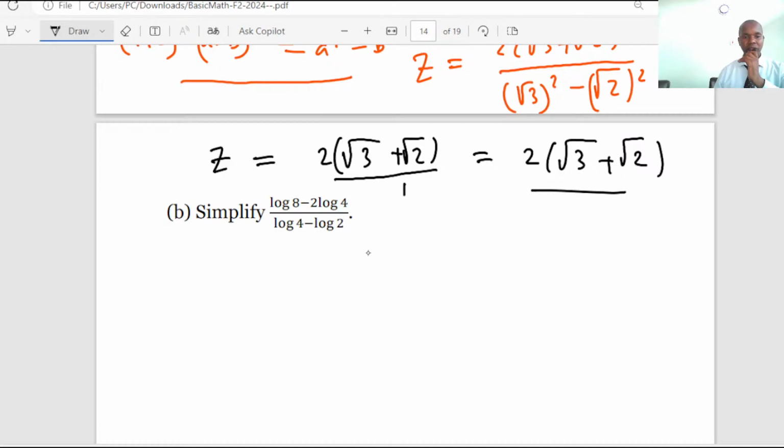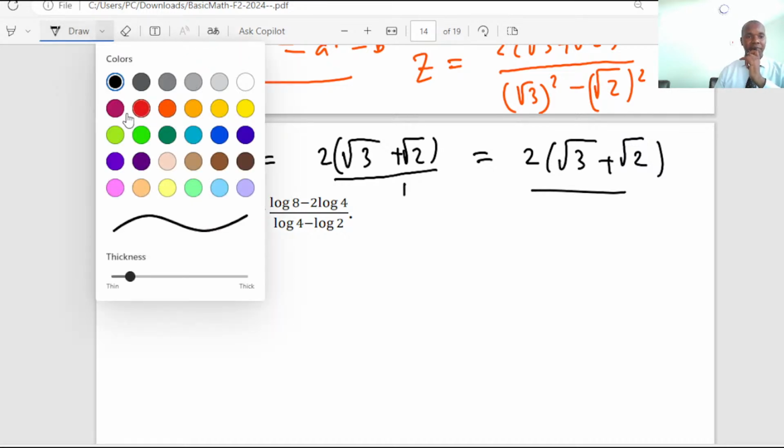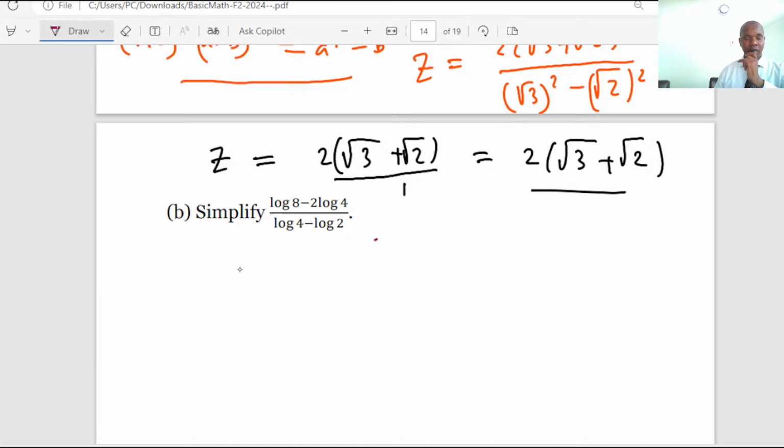How? Because we know that the product rule is opposite of quotient rule, but also we have the power rule. So to just remind you, there are some rules of logarithms. When we have n log x, this is the same as writing log x to the power n.